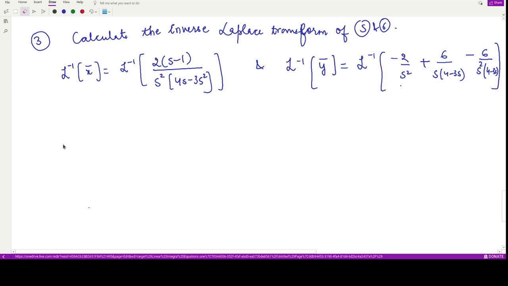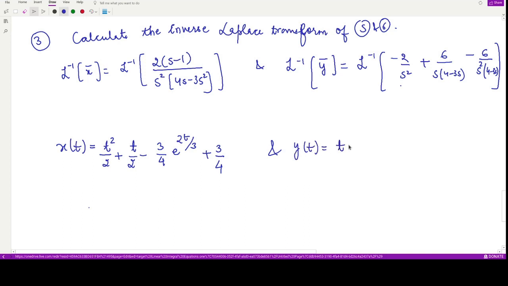So here the value would be x of t, that is equal to t²/2 plus t/2 minus 3/4 e^(2t/3) plus 3/4, and the final answer corresponding to y of t, that is equal to t plus 3/2 minus 3/2 e^(2t/3).